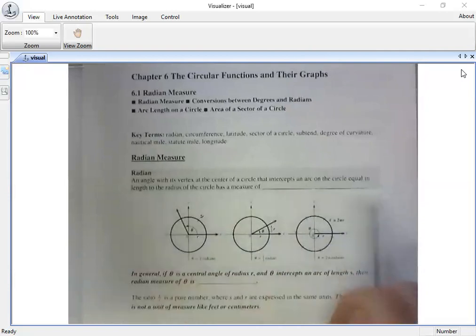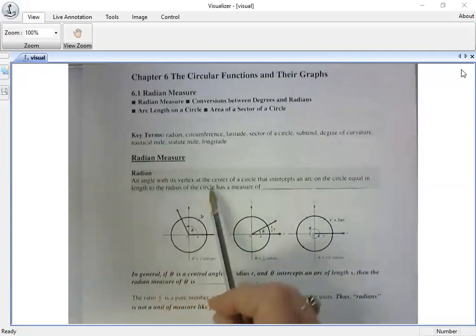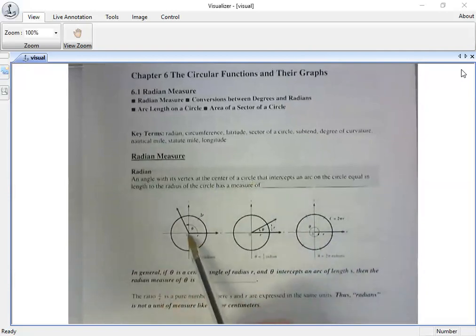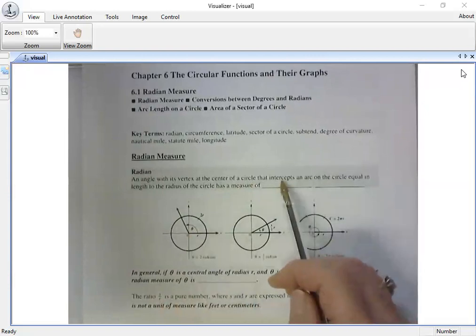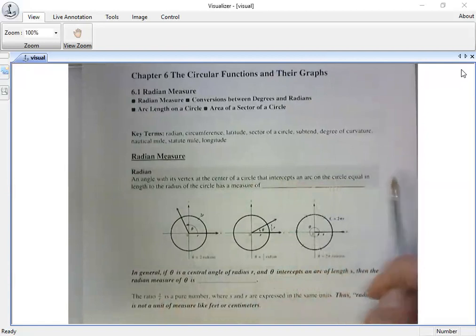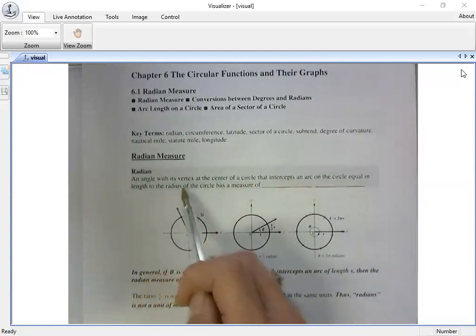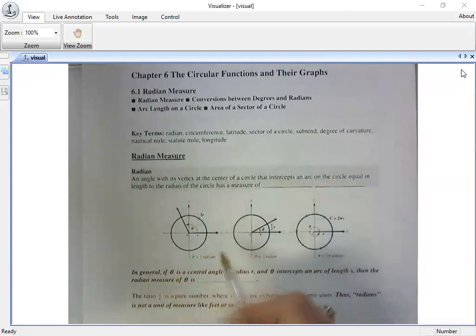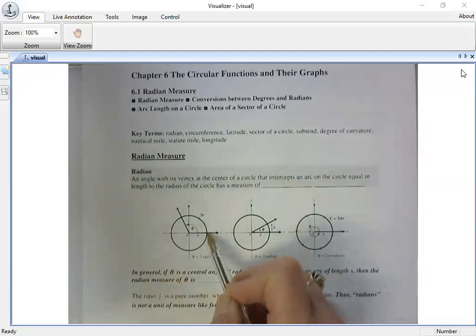And the definition they're going to give us is that an angle with its vertex at the center of a circle, so one like this, that intercepts an arc on the circle equal in length to the radius of the circle has a measure of 1 radian. Okay, so in other words, this radius right here, we're going to call it a length of r, because it's our radius.